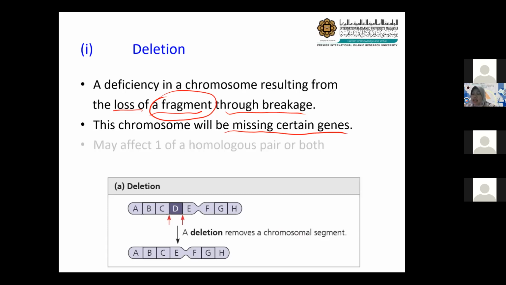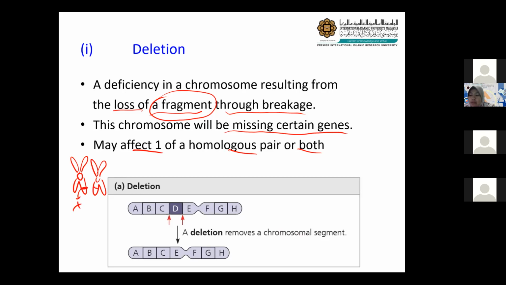So it can affect one homologous chromosome or both. Let's say this is a homologous chromosome, right? So it can lose one locus here, ataupun dekat homologous dia pun hilang. Dia boleh affect salah satu atau kedua-duanya sekali.